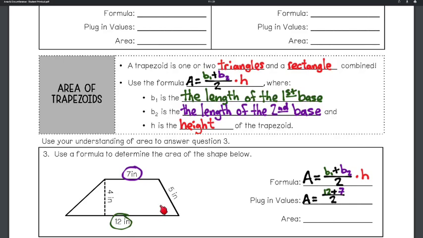Then the height has to be perpendicular to the bases, which this one right here is, whereas the 5 is not. So we're not even going to use the 5. We take this 4, which is 4 inches, and multiply by 4. In your calculator you would type 12 plus 7 divided by 2 times 4, for a grand total of 38 inches squared.